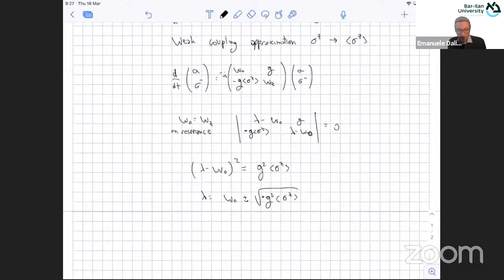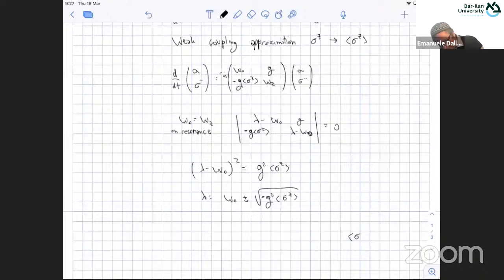So essentially, it's also a matter of how you define sigma Z. What is the plus and minus 1? I know the answer to this, so that's why I know how to put the signs. So what you see is that essentially, if sigma Z in this case is positive, then you get an imaginary part.